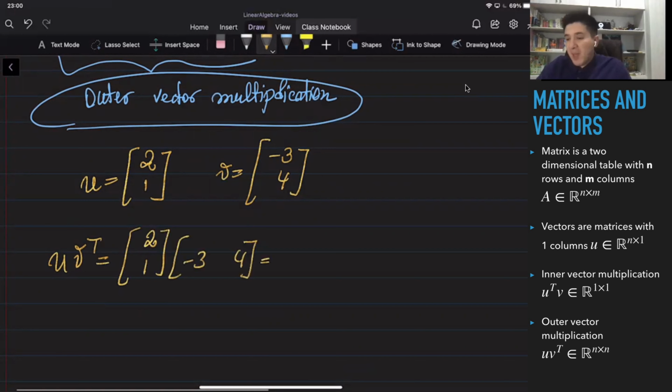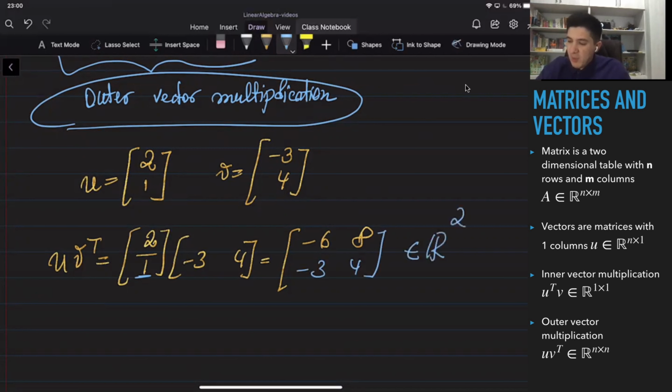So it's going to be a matrix. Basically, you multiply the first element of the first vector by both of the elements of the second vector. It's going to be minus 6 and 8. Then you take the second element of the first vector and multiply it by both of the elements of the second vector. It's going to be minus 3 and 4. So this is going to be a 2 by 2 matrix.